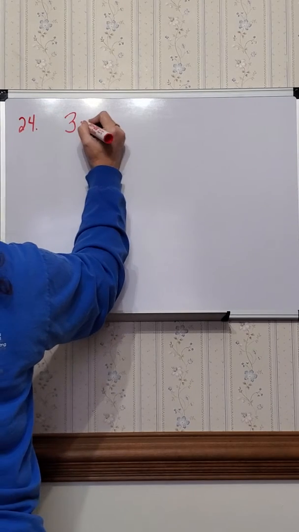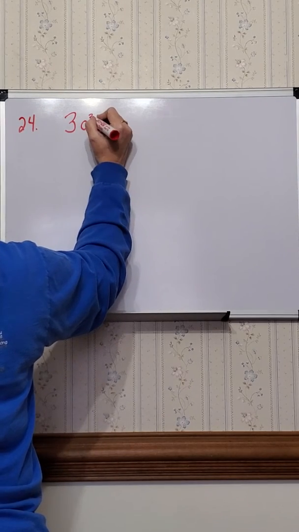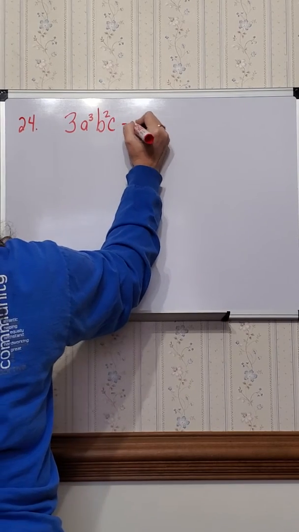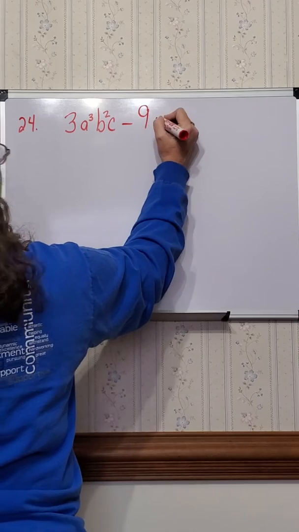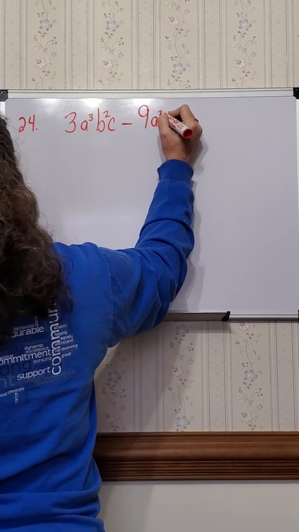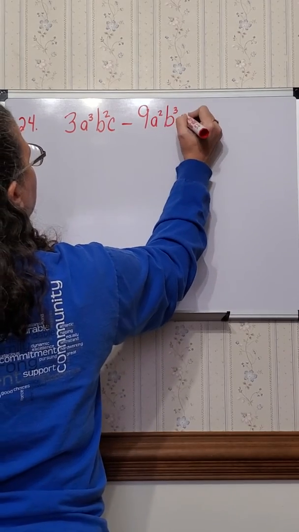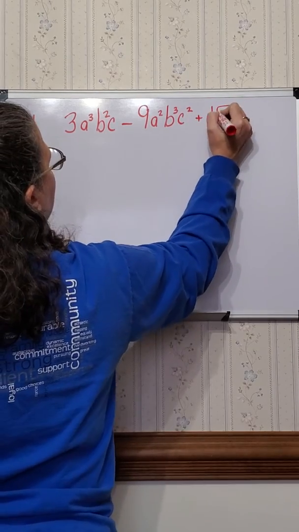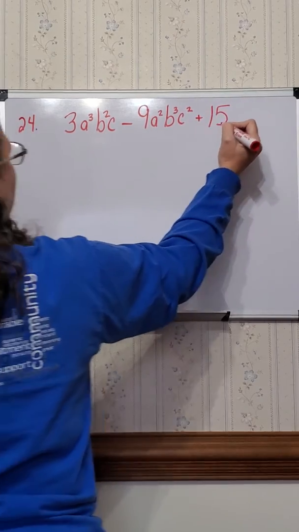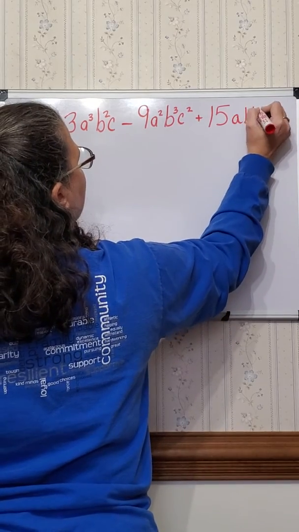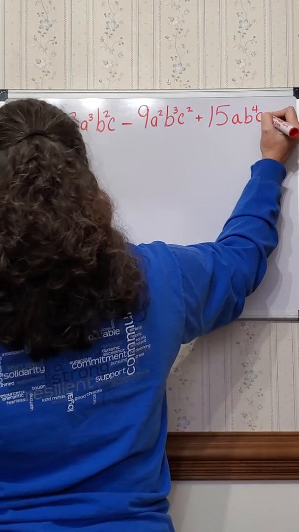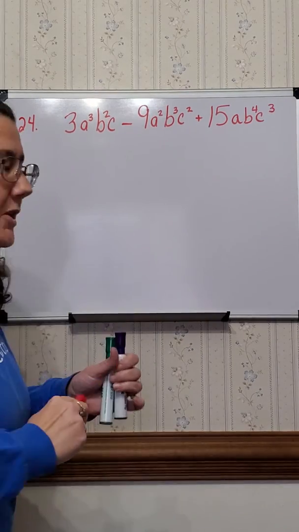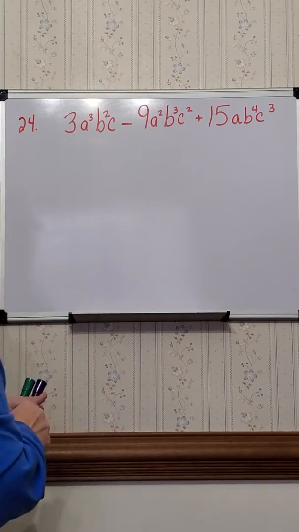So we've got 3 a to the third power b squared c minus 9 a squared b to the third c squared plus 15 a b to the fourth c to the third. Pay attention. This one gets a little bit more tricky.